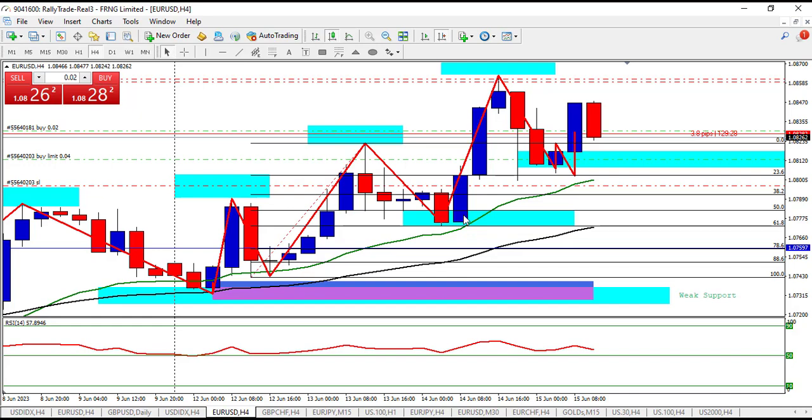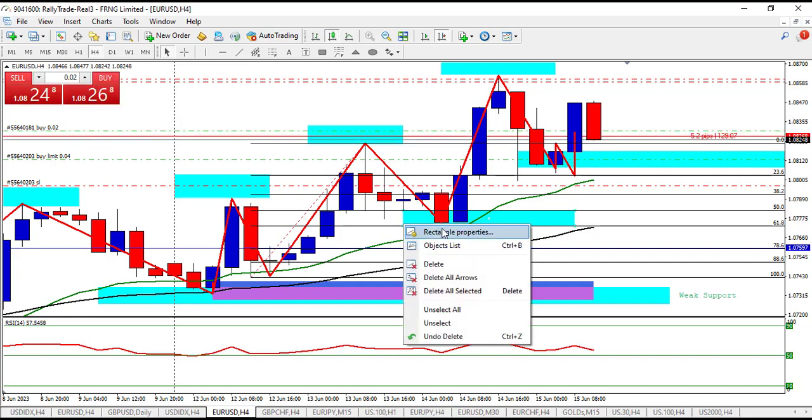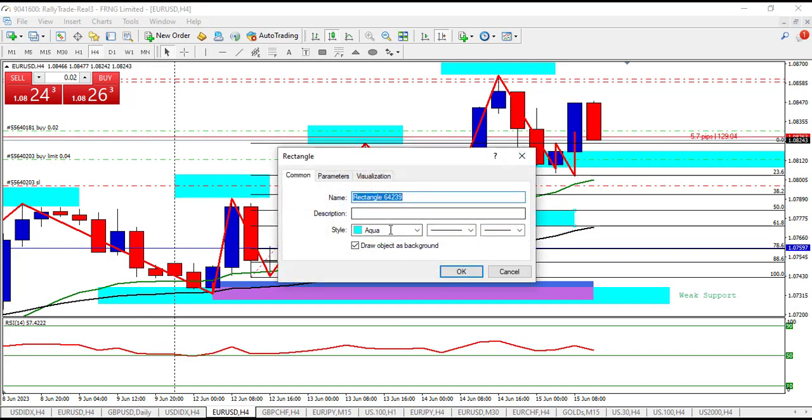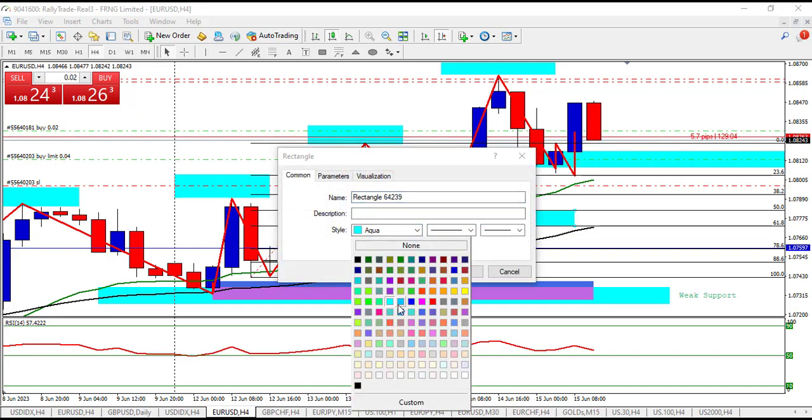Yes. So that lower time frame is the entry time frame. This higher one is the analysis time frame. Can you see? That 15 minutes, 30 minutes, or even 5 minutes time frame is the entry time frame. This H4 time frame is the analysis time frame. So now let me color it. The reason I want to give it another color is so that we can differentiate it, right?